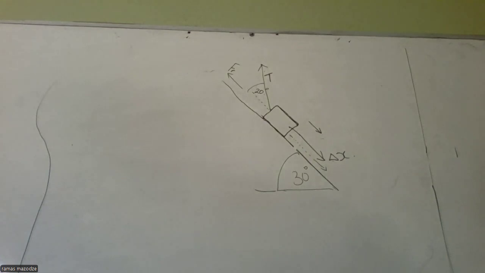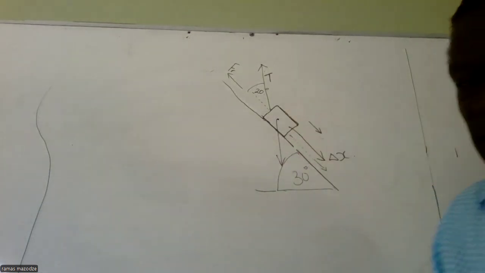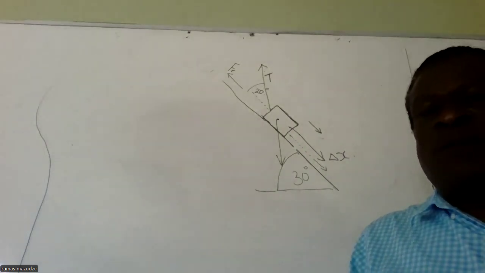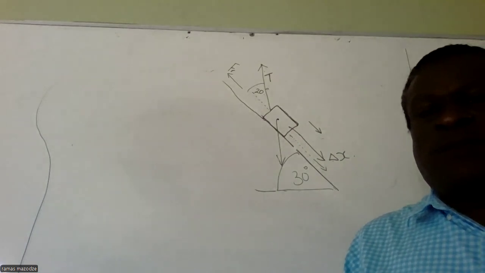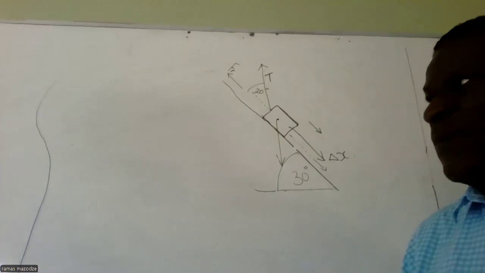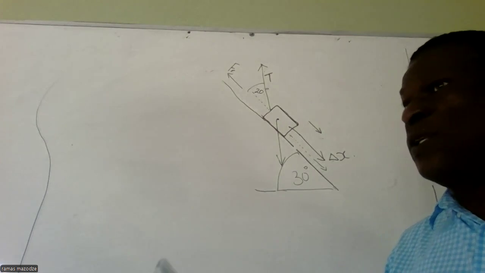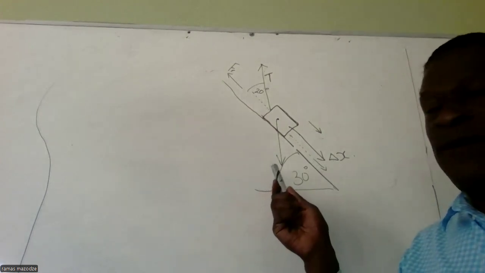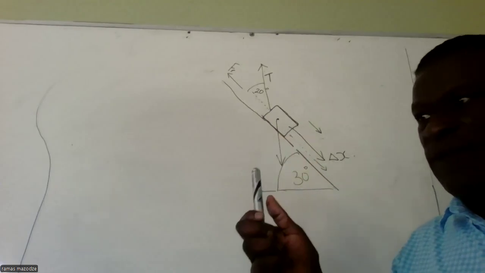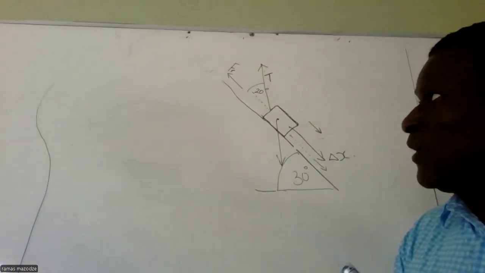Work done by gravity is always working vertically downwards. So which force is actually contributing to the work done by gravity? Anyone? Yes, brilliant. It is the parallel component of gravity. So work done by F_g parallel. Very good.